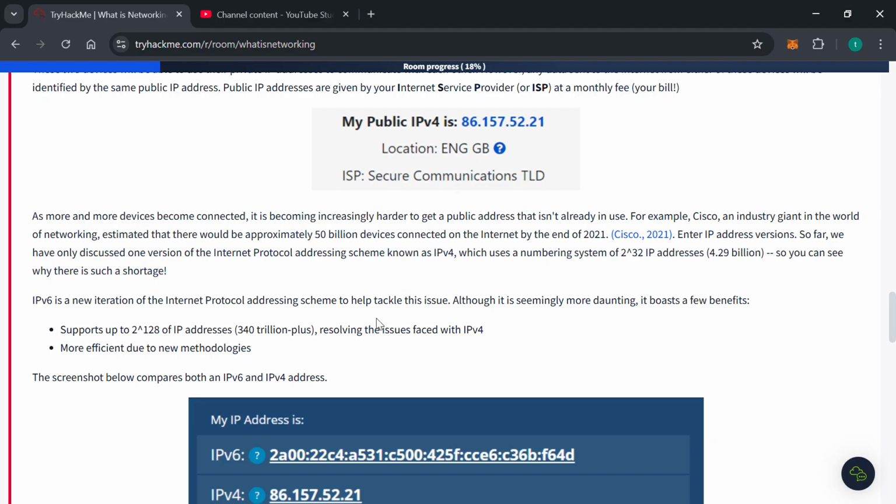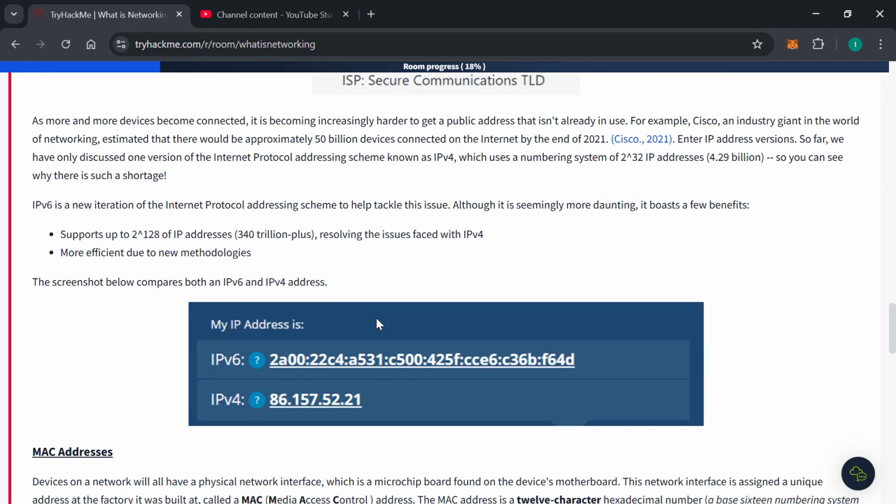That's where IPv6 comes in, which is a new iteration of the IP addressing scheme to help tackle this issue. Although it is seemingly more daunting, it boasts a few benefits. It supports up to 2 raised to the power 128 IP addresses, which is about 340 trillion plus, resolving the issues faced with IPv4, and it is more efficient due to new methodologies.